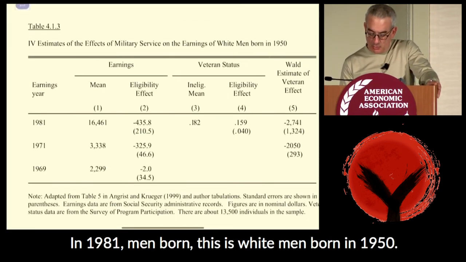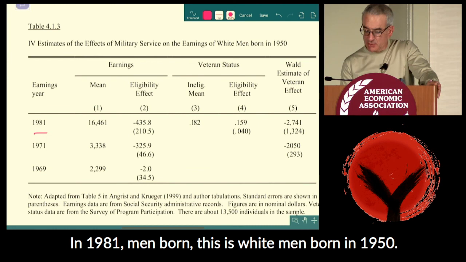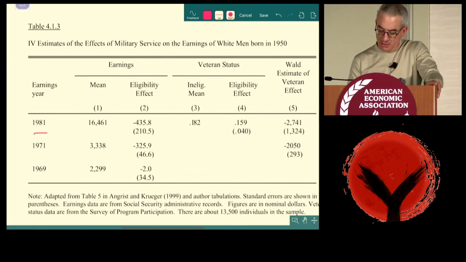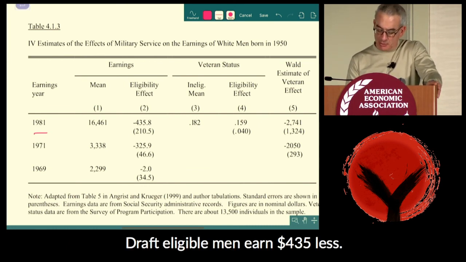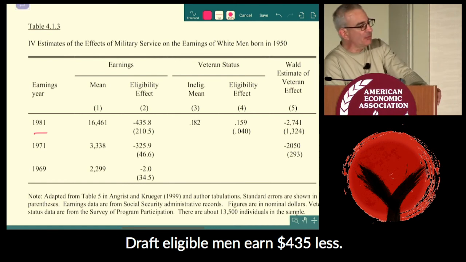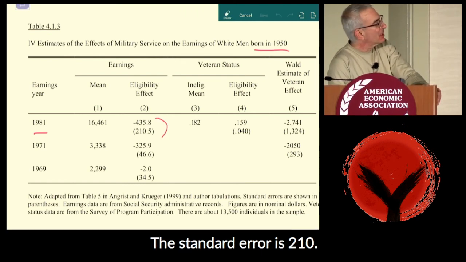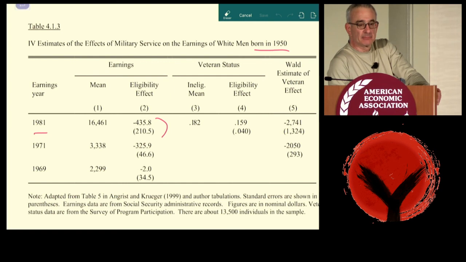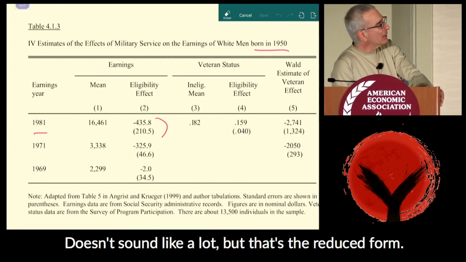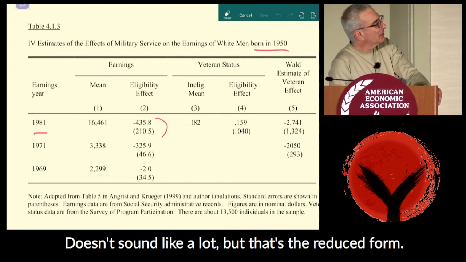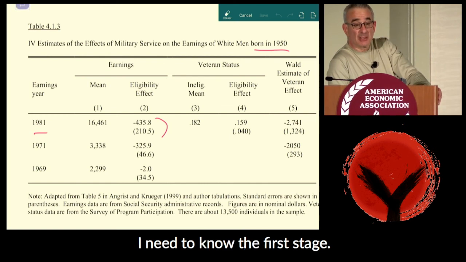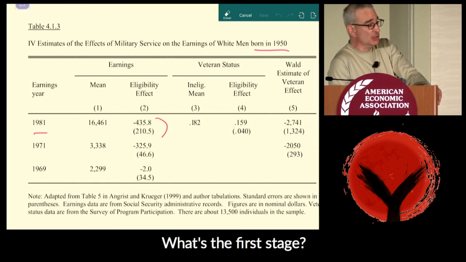In 1981, for white men born in 1950, draft eligible men earn $435 less. The standard error is 210. Doesn't sound like a lot, but that's the reduced form. I need to know the first stage. What's the first stage?